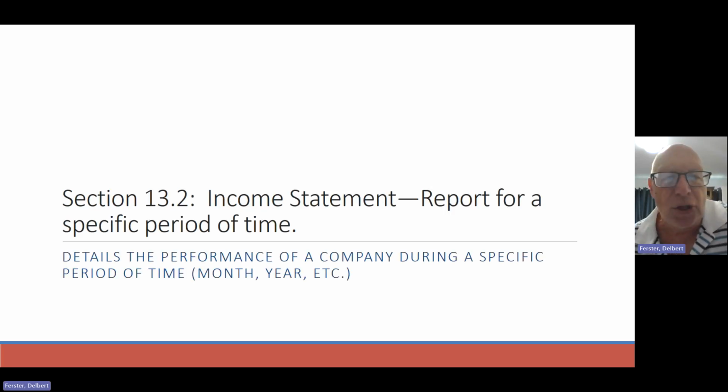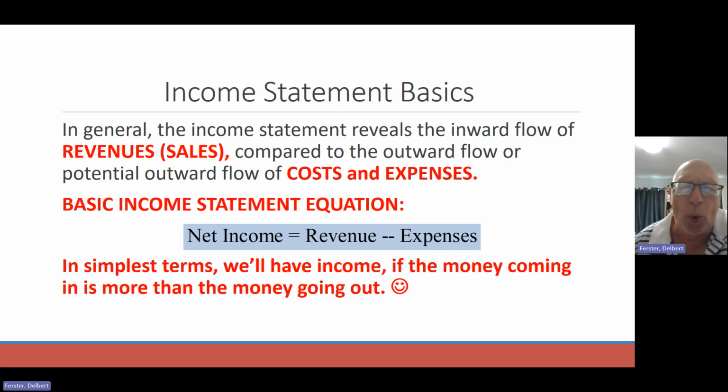All right. Section 13.2 shifts the focus away from balance sheets to income statements, and that's a report of that particular income facet over a specific period of time. Might be a month, might be a year. So what we're going to do is compare money coming in to money going out. And for you and I as a business entity to have some kind of a profit situation, we hope that we have more money coming in than we have going out.